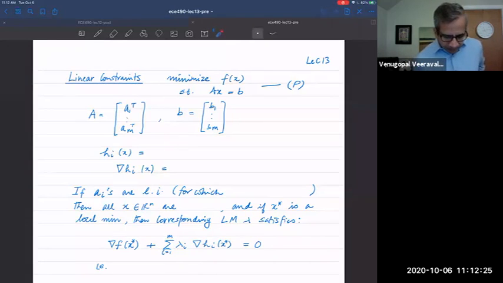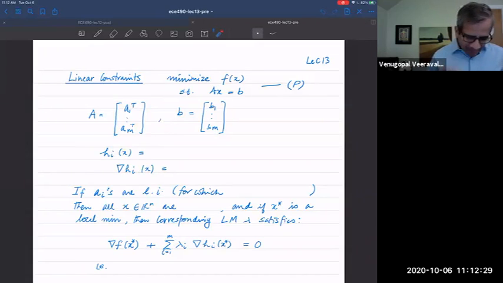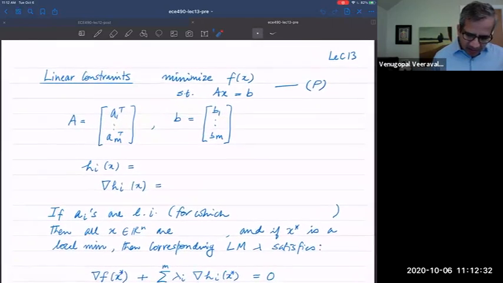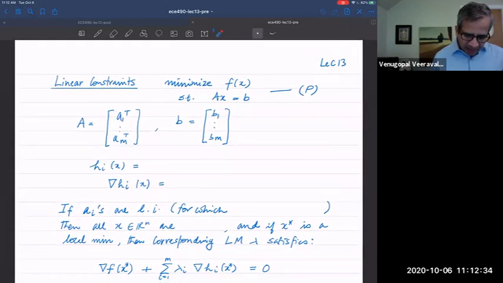All right. Okay, so let's talk about equality constraints where the equality constraints are linear. Basically, I want to minimize a function f such that some matrix A times x is equal to b. This matrix A, I'm going to think of as having m rows, so m constraints.